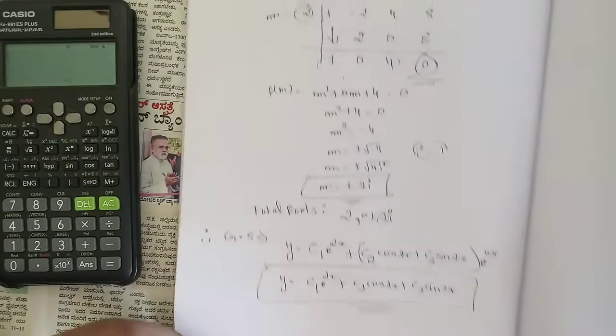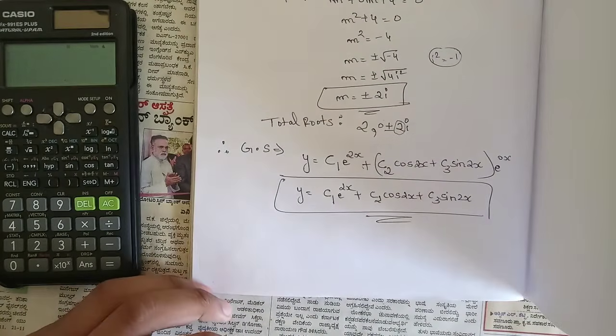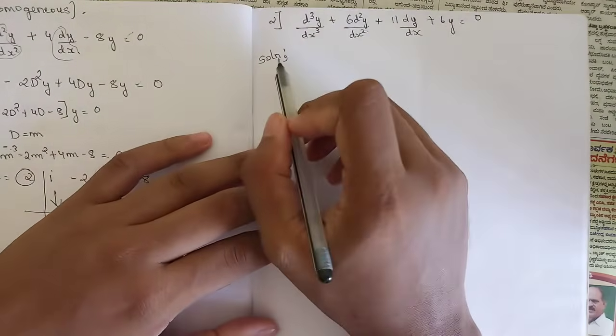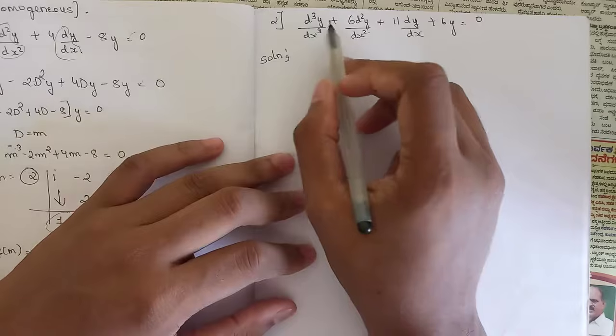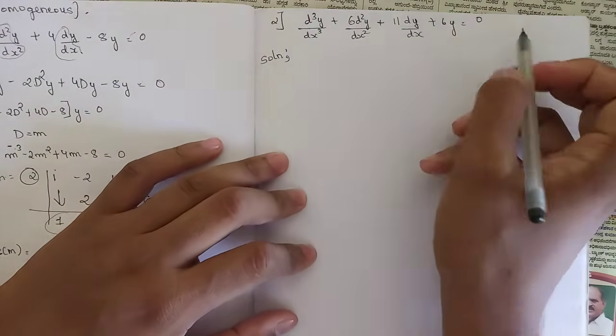Okay, so we'll get to the next question. This is your second question, that is d cube y by dx cube plus 6 d square y by dx square plus 11 dy by dx plus 6y equal to 0.